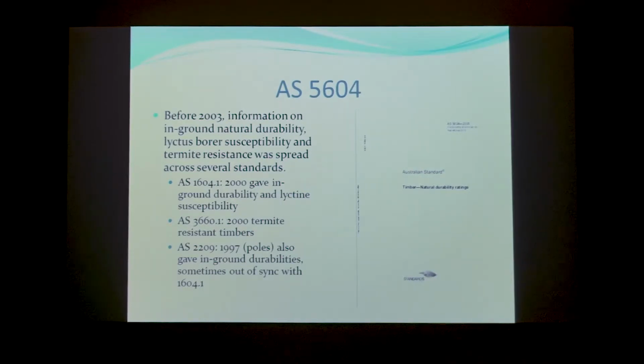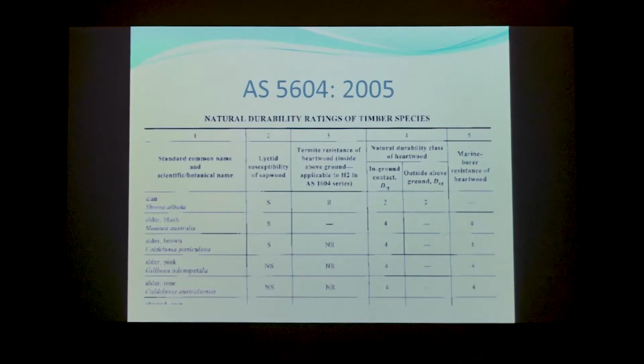Whereas the termite standard had a list of termite-resistant timbers in there, and there was also a pole standard with in-ground durability ratings as well, but sometimes they went out of sync with the 1604 standard. So in 2003, these were all brought together in the 15604 standard, and in the later version you can see the information there.